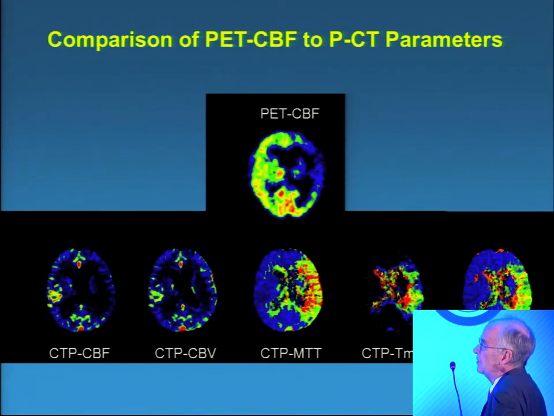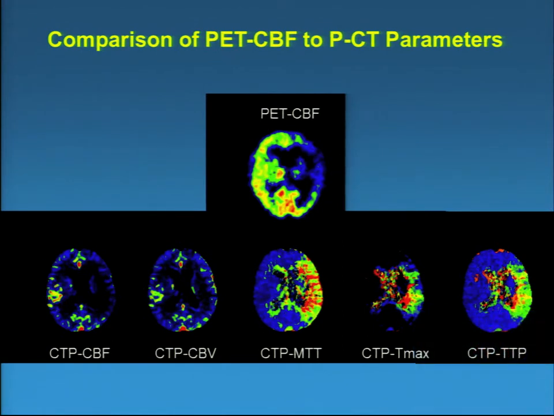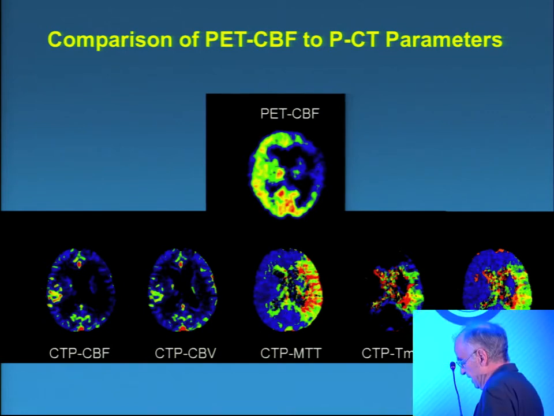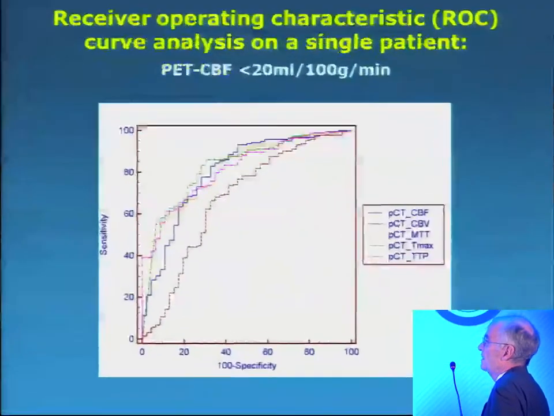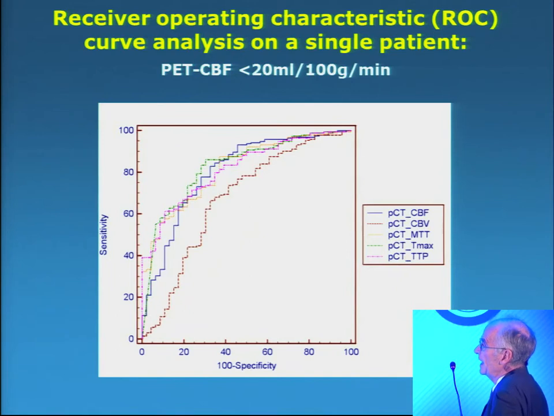So what you do is calculate CTP, CBF, CBV, MTT, Tmax, TTP, and you see these different parameters give different responses to one response in the PET, which is a quantitative measurement, and you can have individual regional measurements for all these parameters. So the correlation between PET CBF and the CT perfusion parameters is indicated here.